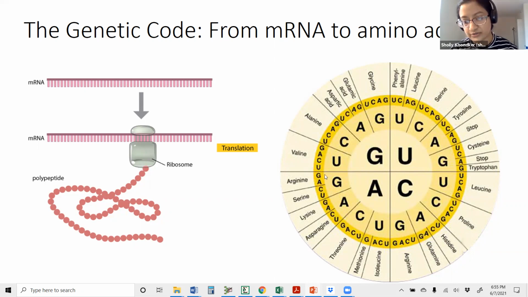In addition, there's also a start codon, which is methionine. So at the beginning of every coding sequence will be an AUG, which codes for methionine, and that is the start codon for that polypeptide.